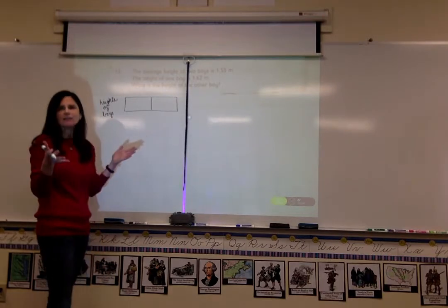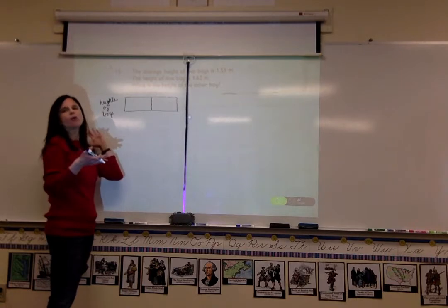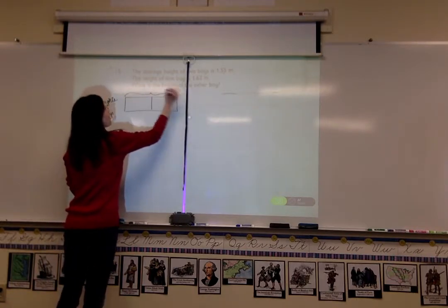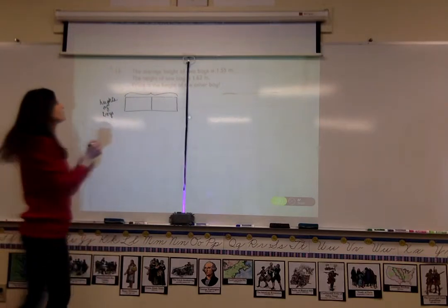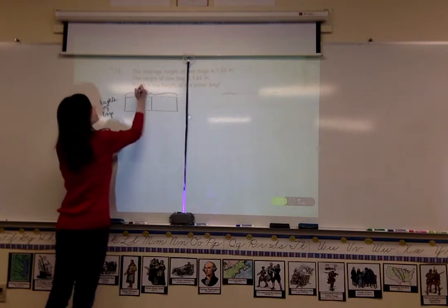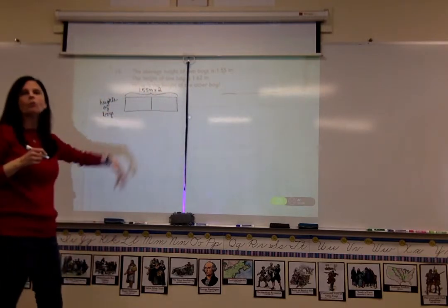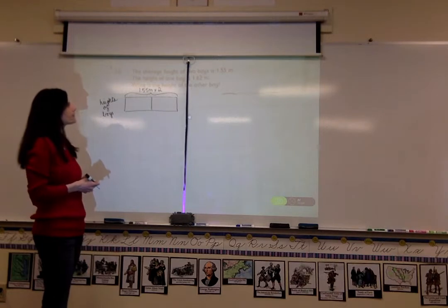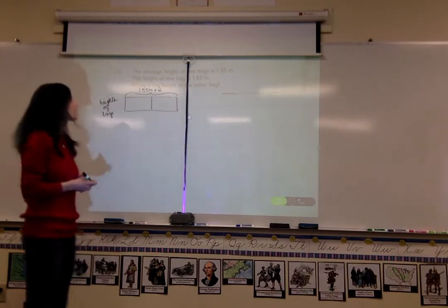So I've been given a clue as to the total amount of this bar here. I can bracket the bar, and I can write in that the total is going to be the average times the two units. So 1.55 meters times 2 is my total value there for the whole bar. Hopefully that makes sense.